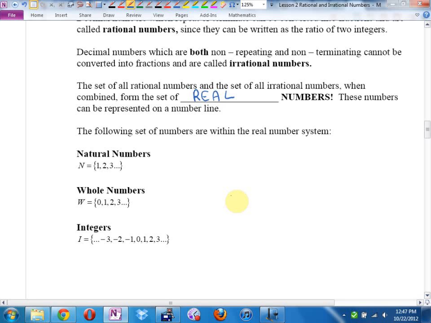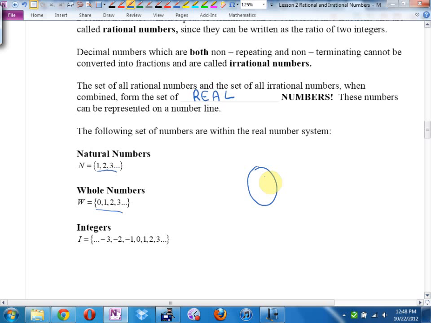Then we take the natural numbers, 1, 2, and 3. We add 1 number to get the whole number system. Can you see, looking at this list here, which number we added? 0. And there's a dumb way to remember it. This is how I always remember it. The number 0 does look like a hole in the ground. That's the whole numbers.